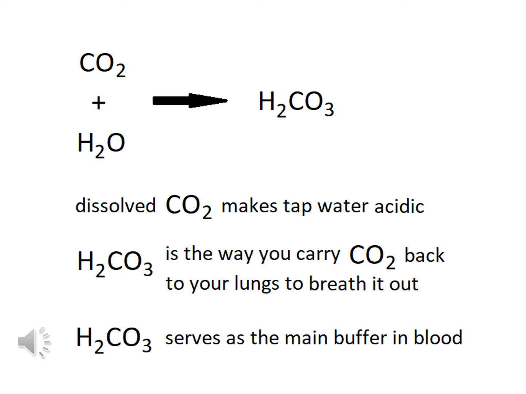H2CO3 is actually the form in your blood that you carry CO2 back to your lungs to breathe it out. And H2CO3 is also the main buffer in your blood.